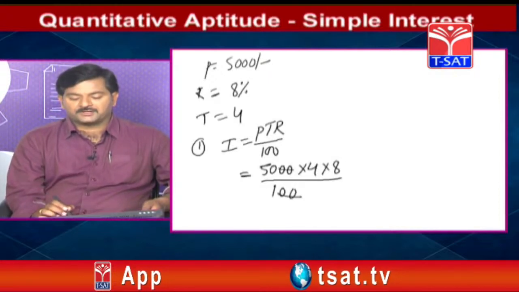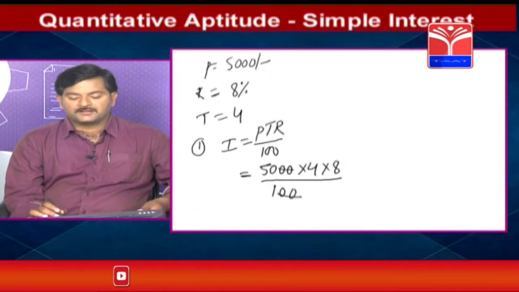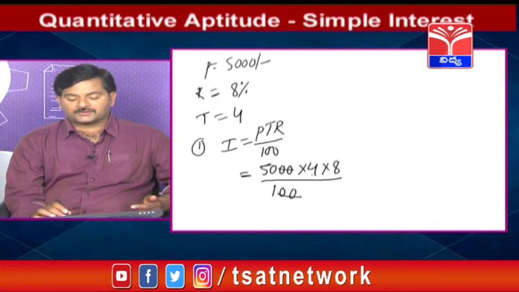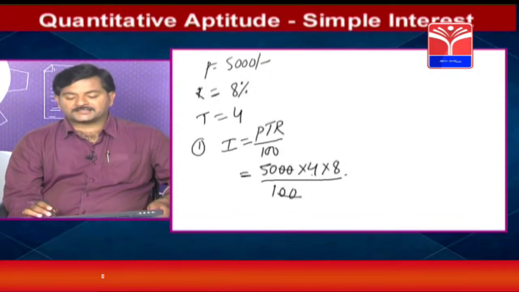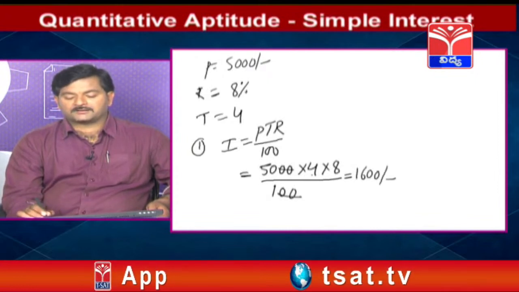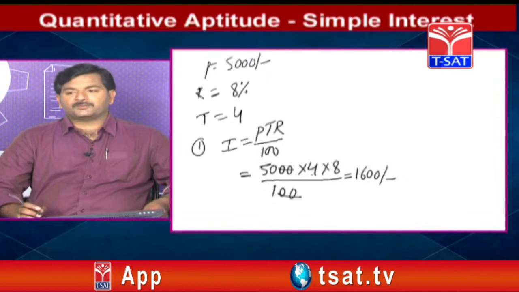So simplification, 2 zeros cancel. Here 4 5s are 20, and 20 means 2 8s are 16. So in total I am getting 1,600 rupees. Hence it is the simple interest.